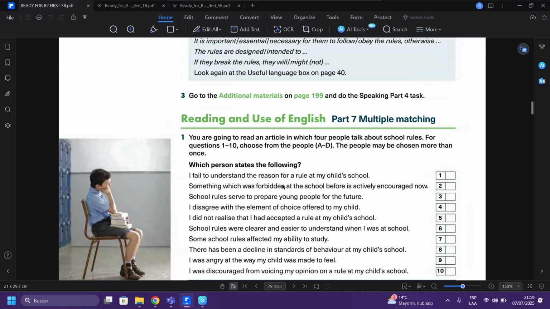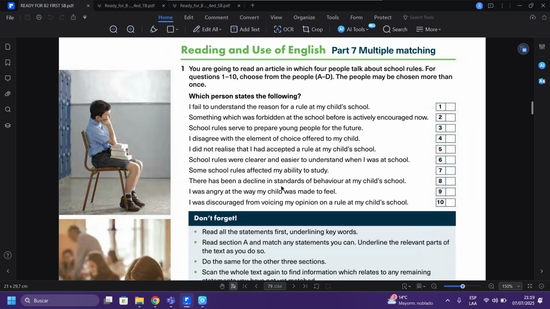And to finish this lesson, we're going to finish by practicing some reading. This is part 7, the multiple matching. You are going to read an article in which 4 people are talking about school rules. For the following questions 1 to 10, you have to choose from the people A to D which one has mentioned every single statement.